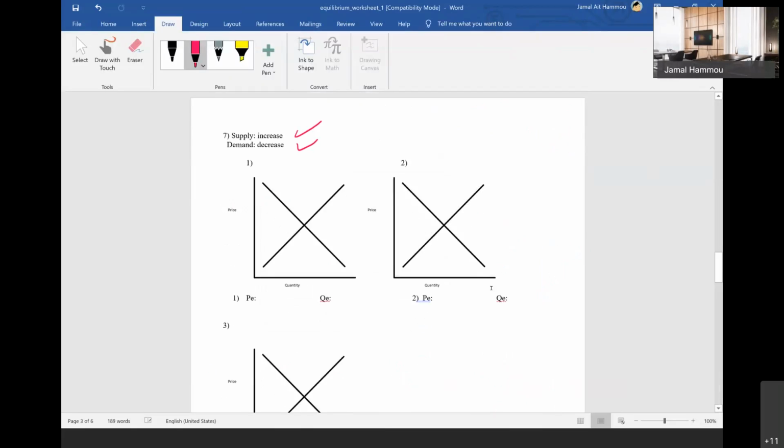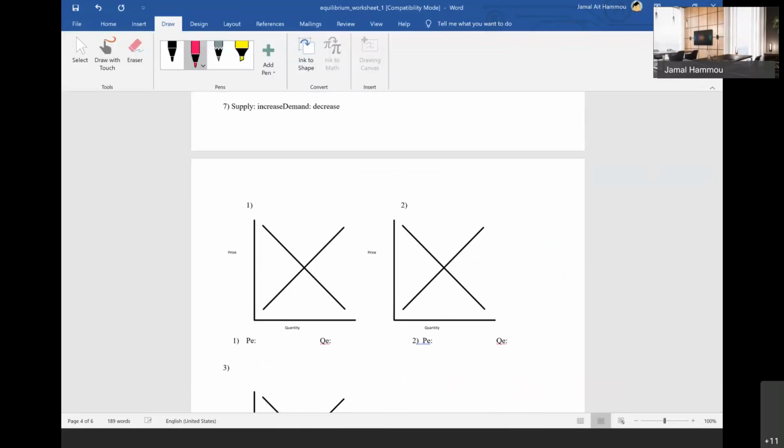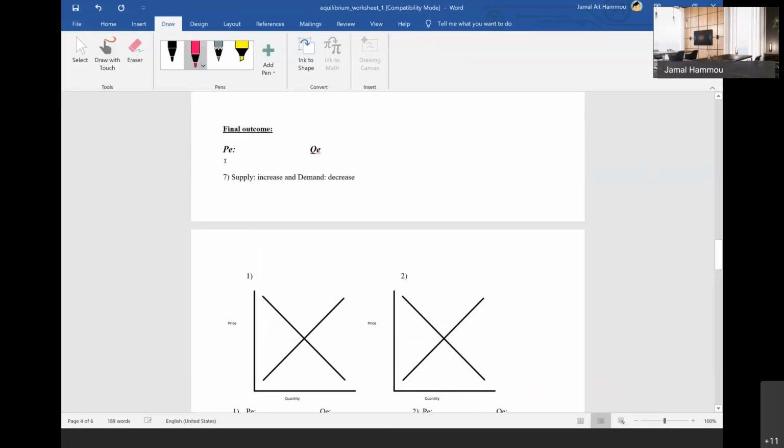So you always have three cases. Sorry, I mean they are both shifting. We are in case number 7.